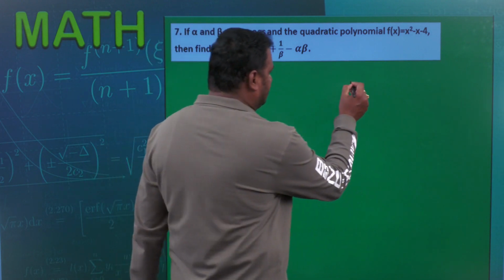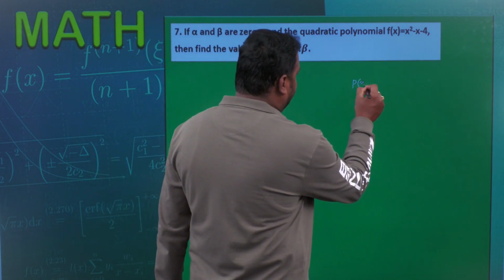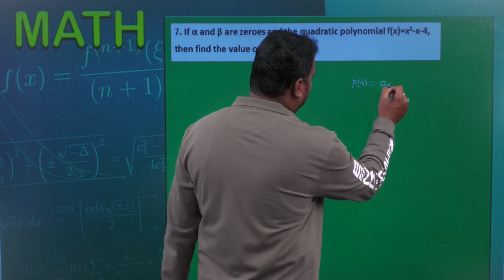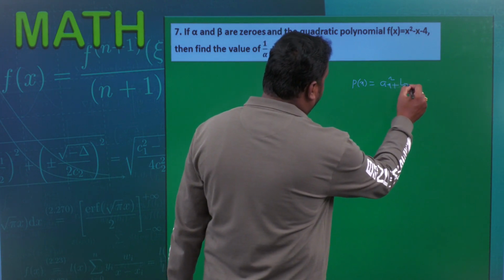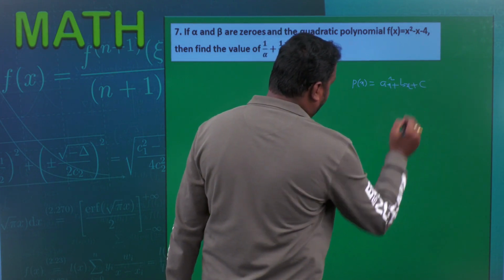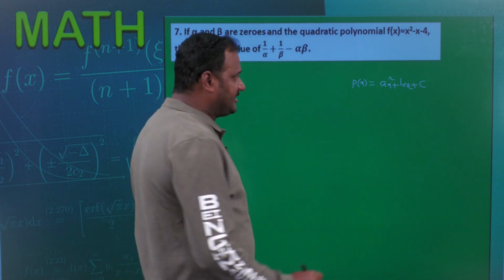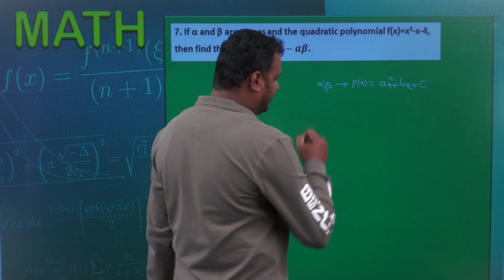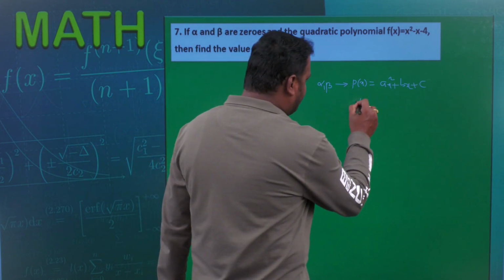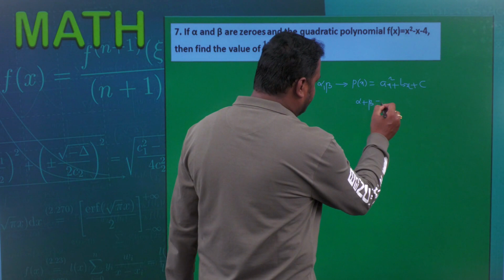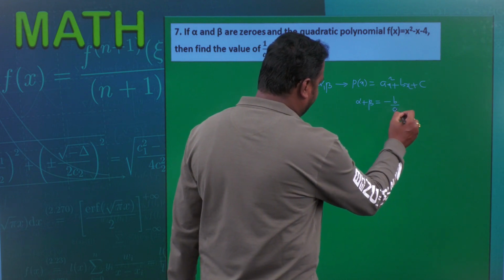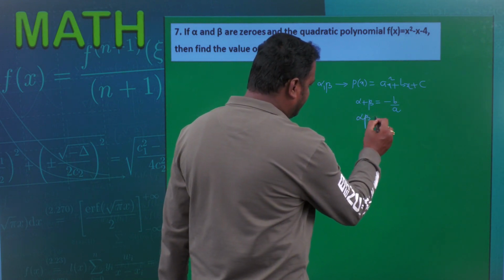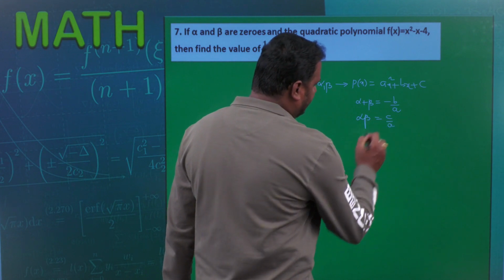For example, my quadratic polynomial p of x is ax square plus bx plus c, and alpha comma beta are zeros of this polynomial. Then alpha plus beta is going to be minus b by a, and alpha into beta is going to be c by a, right?